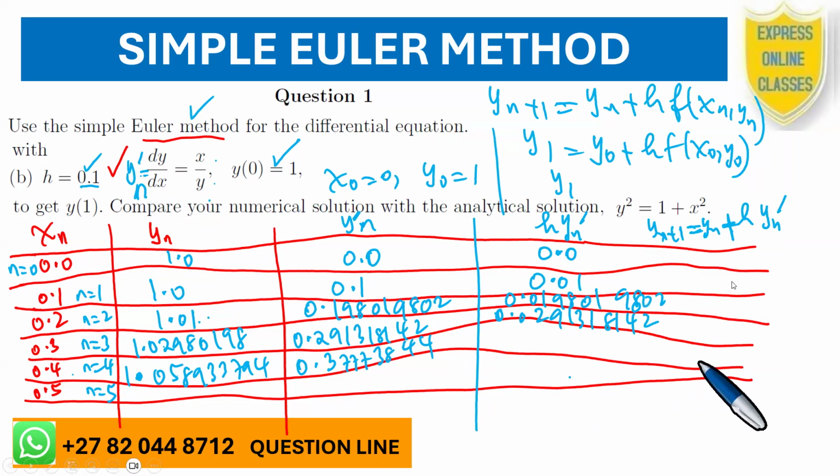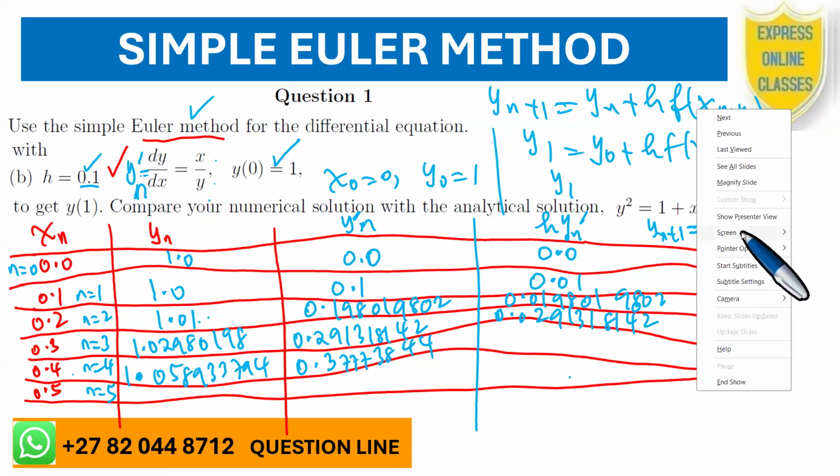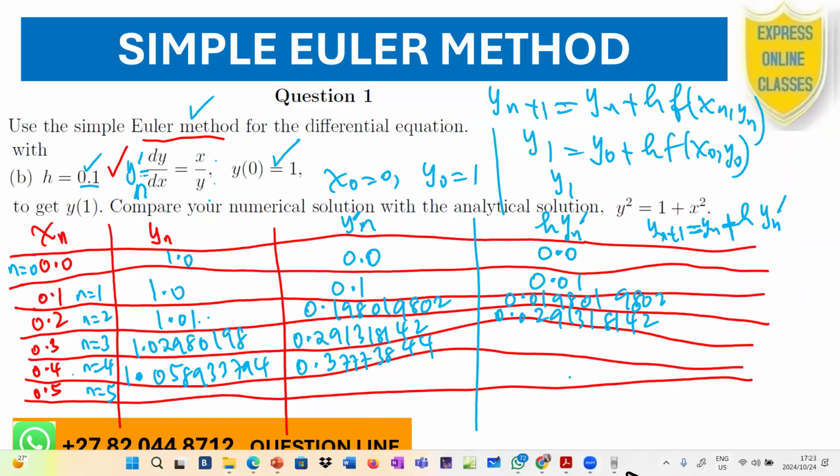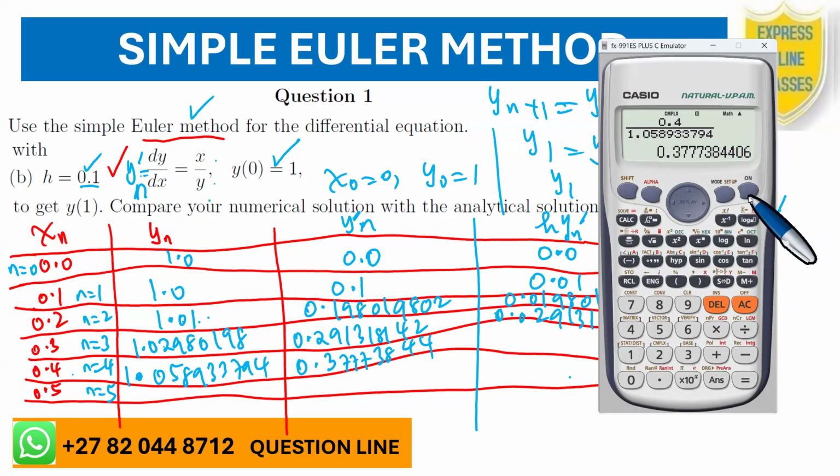Then multiply by 0.1. Okay, this is numerical methods for you, just repeating the steps until you get the answer. So now you have this one, you multiply by 0.1, because you multiply h by the y prime. h is 0.1. Then you get 0.03777384406.